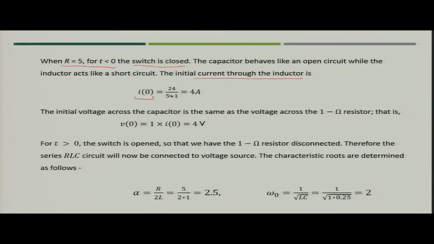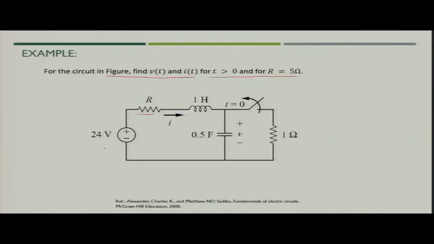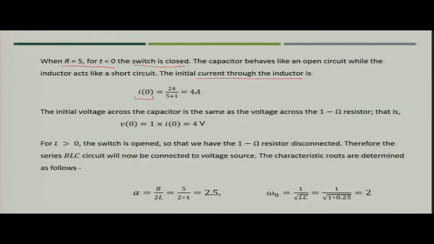The voltage source is 24 volt and the 1 ohm resistance is added in series with the 5 ohm resistance. So, the total resistance of the circuit is 6 ohm, applied across 24 volt. So, the initial current, that is the current at time t equal to 0, is 4 ampere.